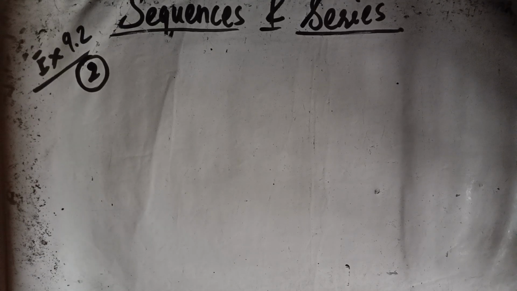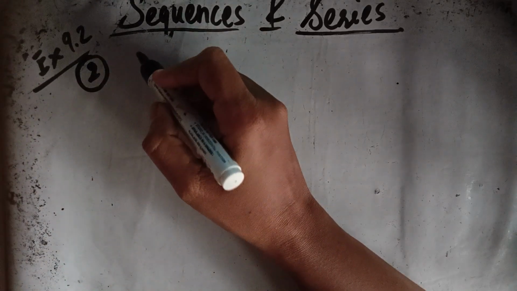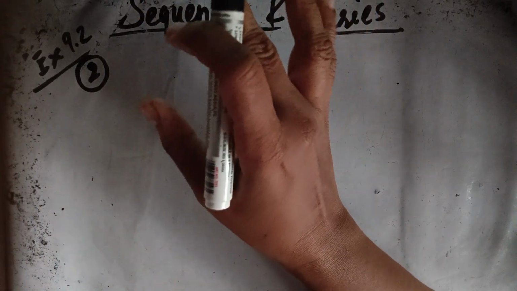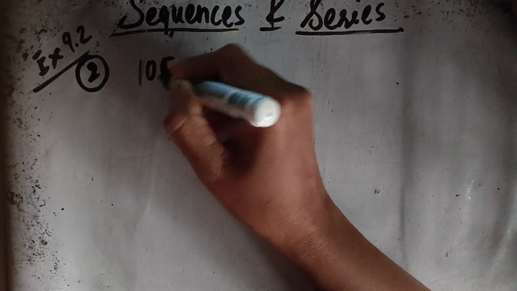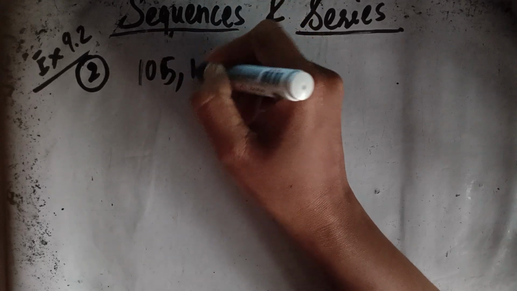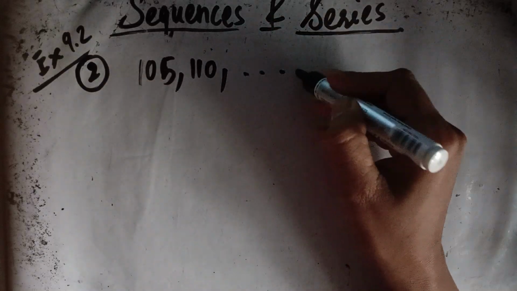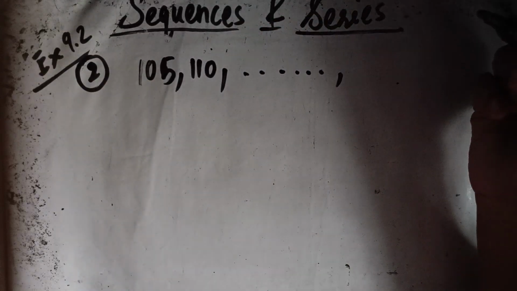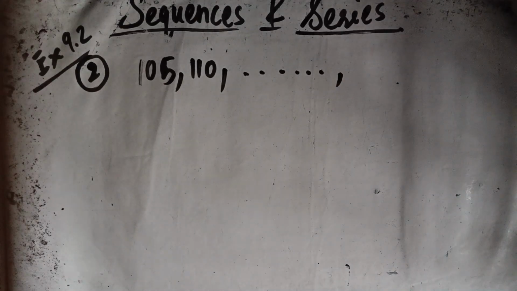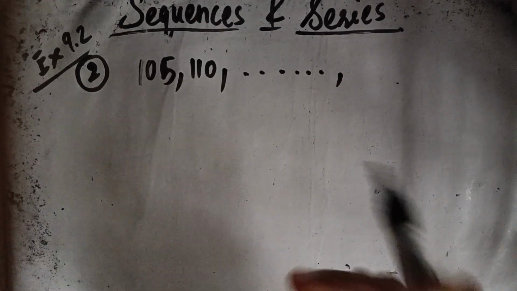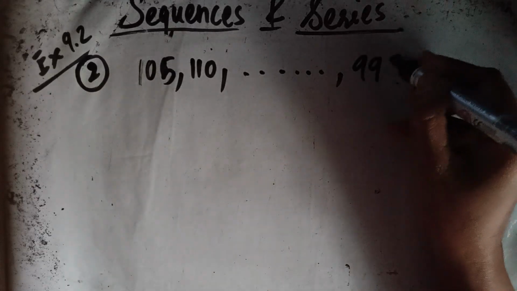The numbers which are between, you have to include, and which are multiples of 5. So 101 is not a multiple of 5, 102 not. So it starts with 105. Then 110 and so on. 1000 we don't have to take, so the last number which is a multiple of 5 is 995.